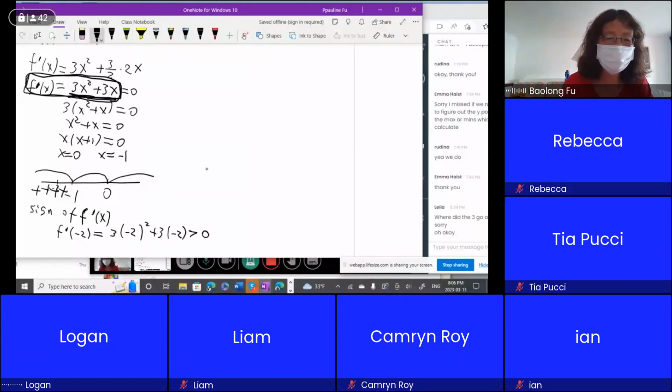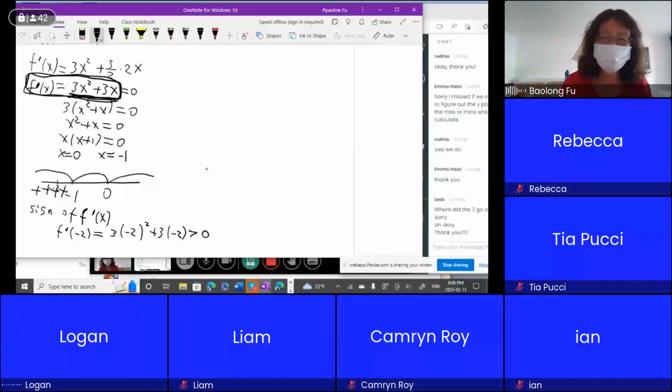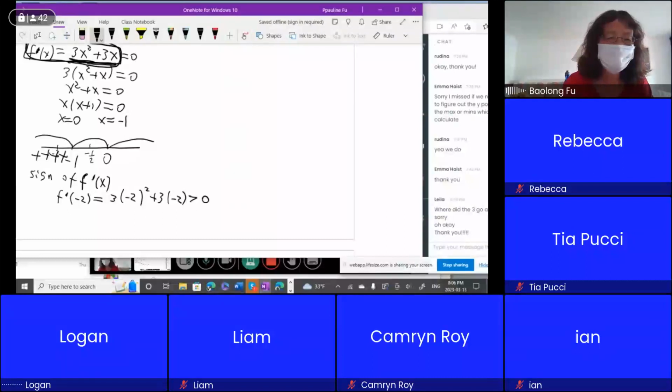Next, we take any number from -1 to 0. Maybe take -1/2. We want to determine the first derivative at -1/2, and see whether it is positive or negative. So 3 times (-1/2) squared plus 3 times (-1/2).